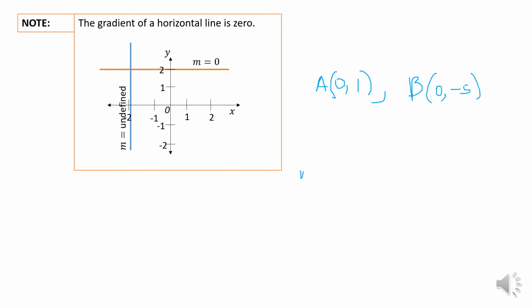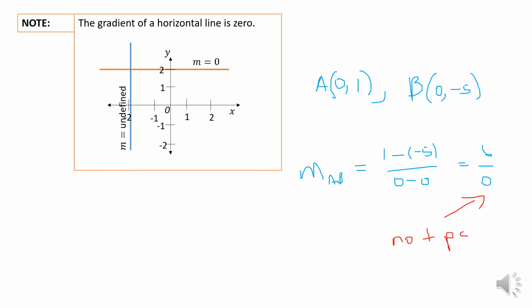If I ask you to calculate the gradient of line AB, you take the change in y, so that could be 1 minus -5, if I start with point A. But here's the problem now. I have a value under the denominator that is 0, and you may not divide by 0. So this is simply not possible.